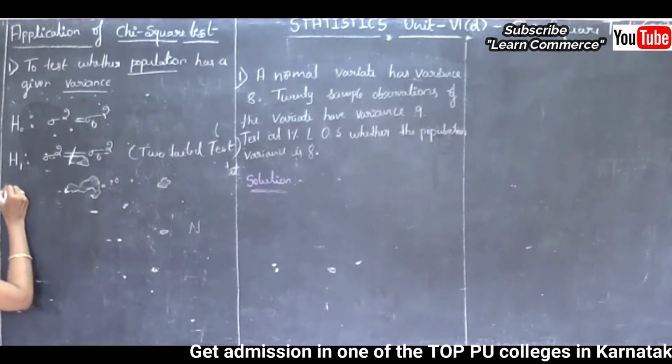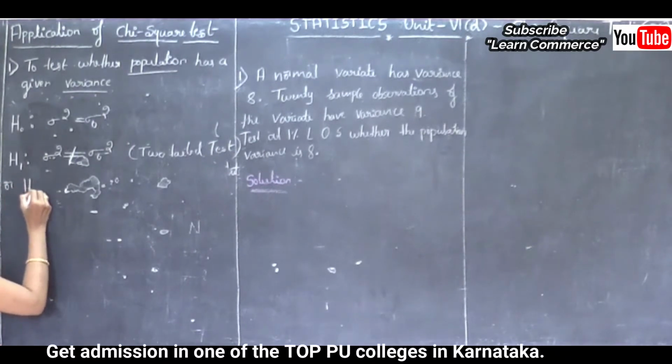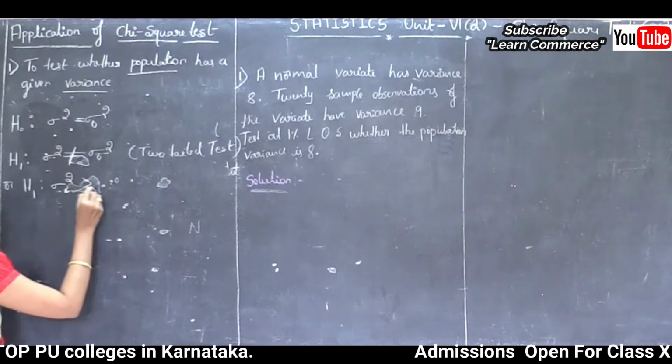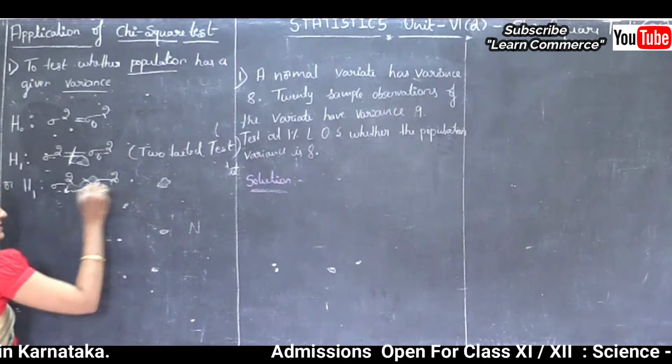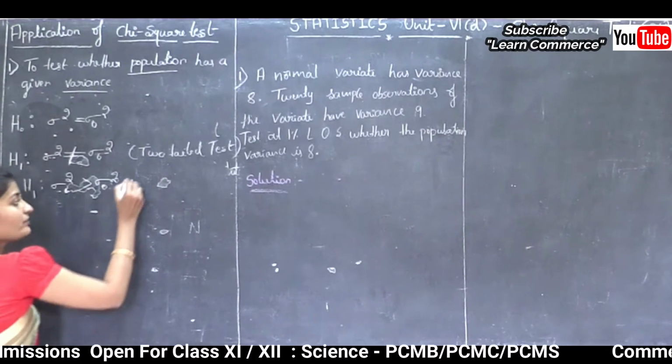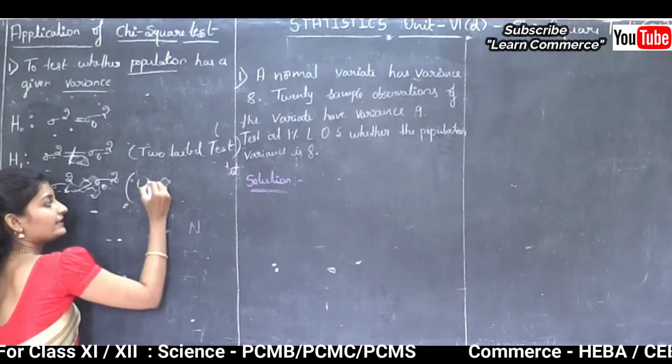Or the next possible rejection is H1: sigma square greater than sigma naught square. This greater than means a right tail test, or we can say an upper tail test.